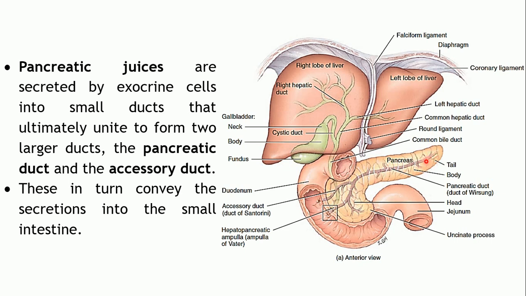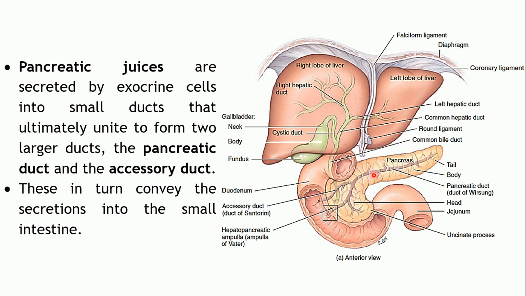These small ducts will ultimately unite to form two large ducts. There are two main ducts which carry this pancreatic juice into the small intestine. This juice comprises several types of digestive enzymes which help in the digestion of the chyme which is entering this small intestine.